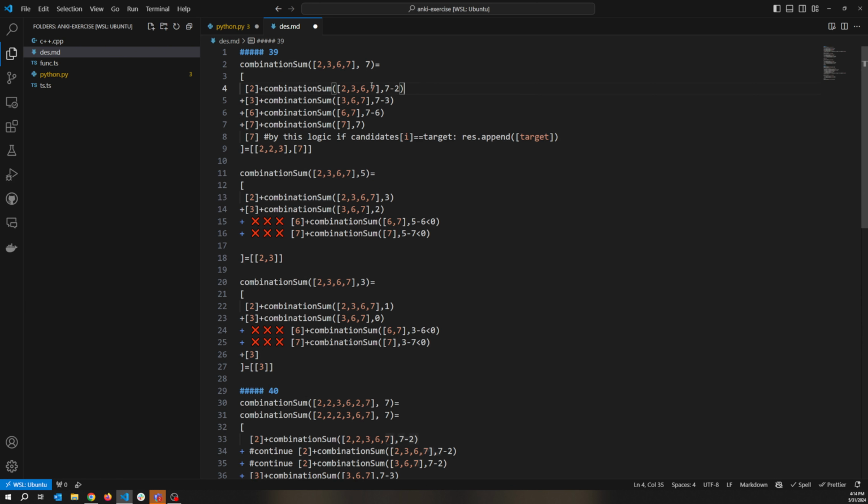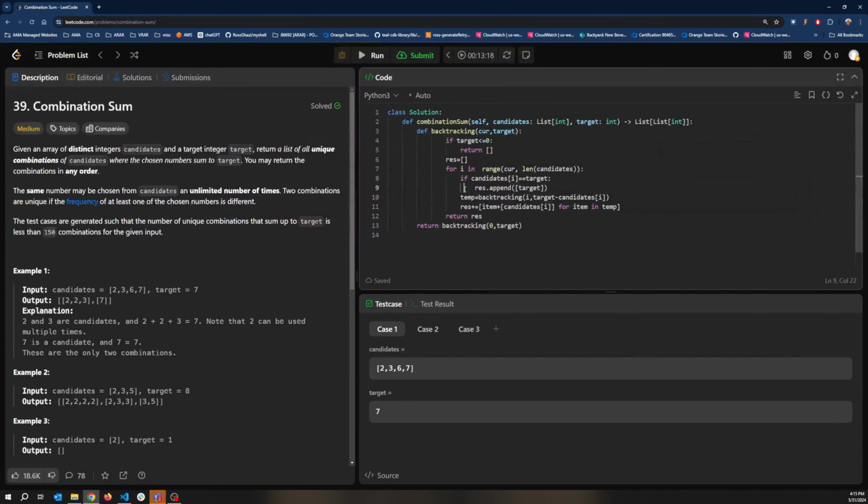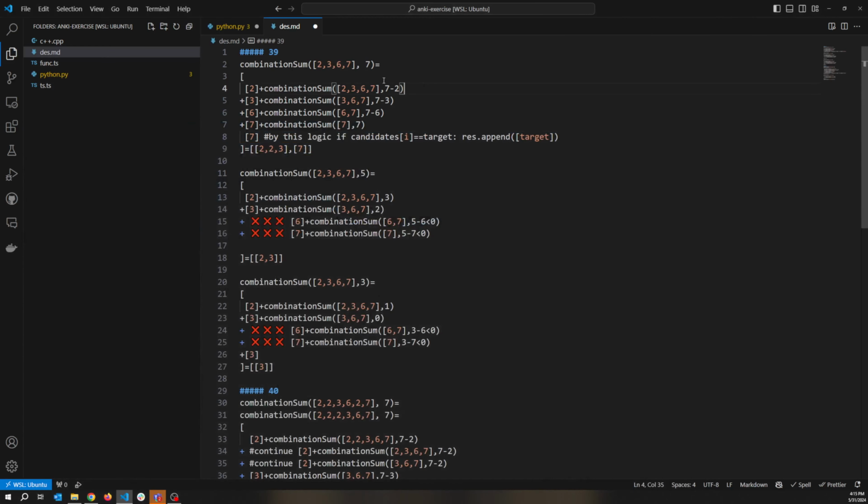Here are all the cases where 2 is included, and here 2 is not included anymore. So we have these, and based on the logic we had, if any of them is equal to the target, we add it to the result. We know 7 is equal to 7, so we add it to the result, which is this line.